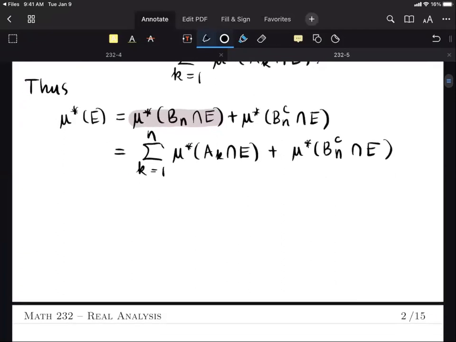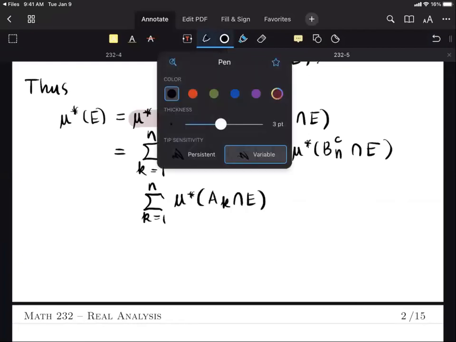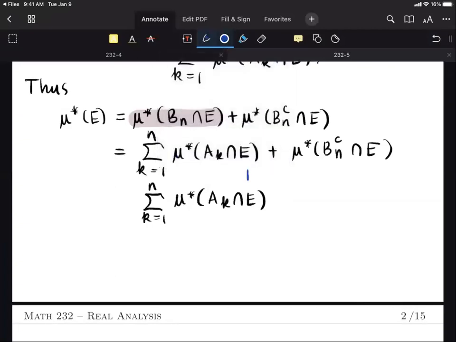Okay, so let us retain this first term at the moment. And take note that by construction, Bn is a subset of the union, which is A. So by De Morgan's, or by taking the complement, the complement of A is smaller with respect to the complement of Bn.